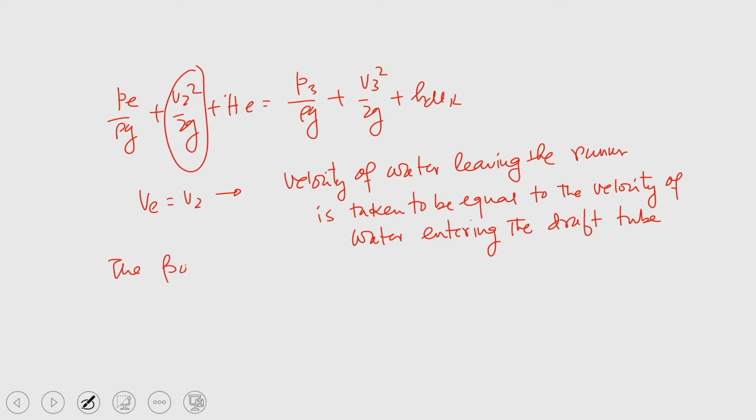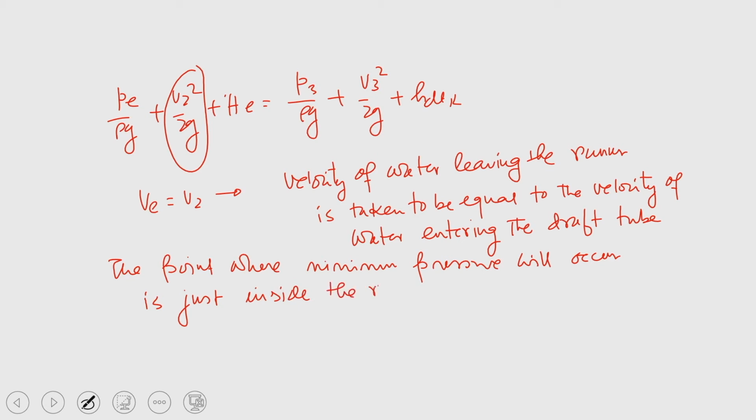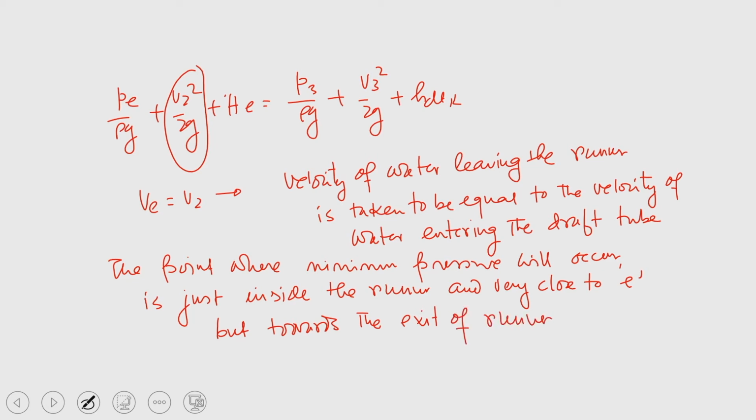The point where minimum pressure will occur is just inside the runner and very close to point E, but towards the exit of the runner. We really do not know where minimum pressure will occur.